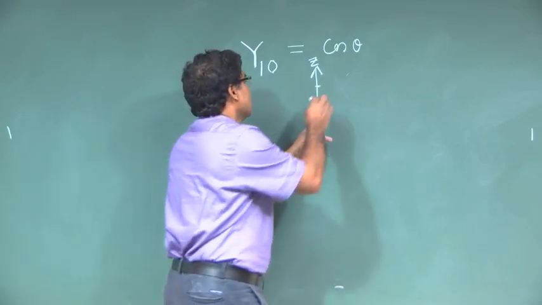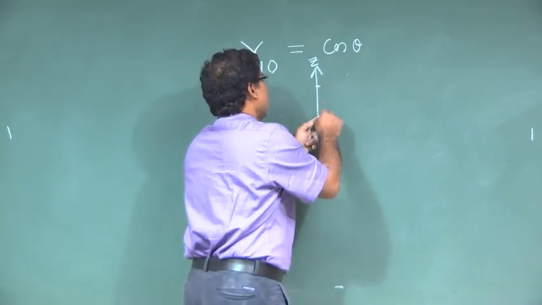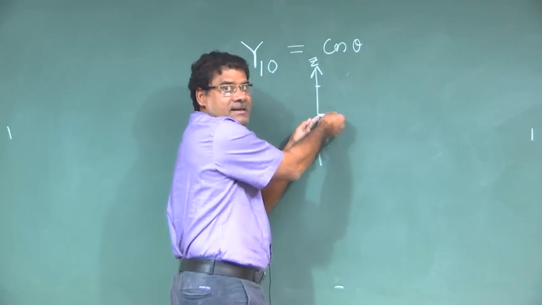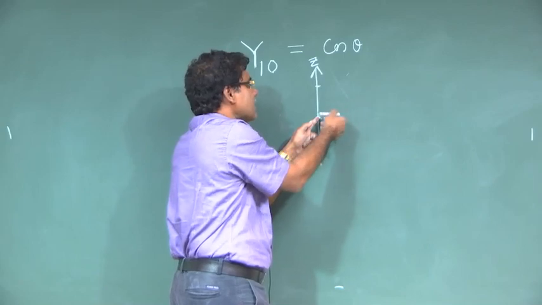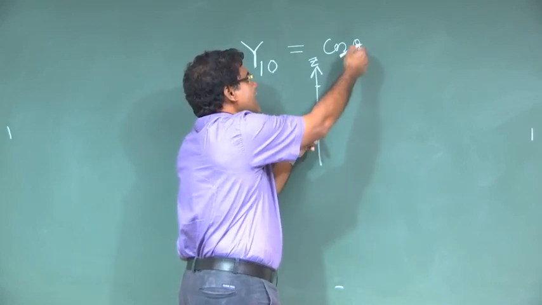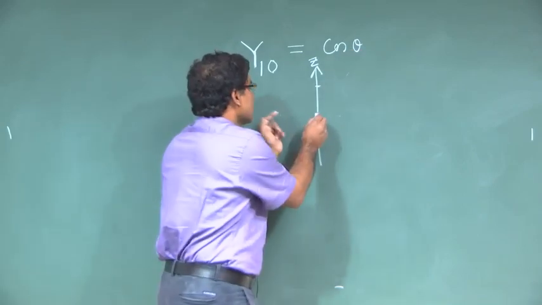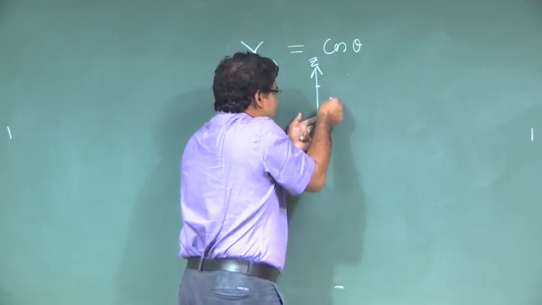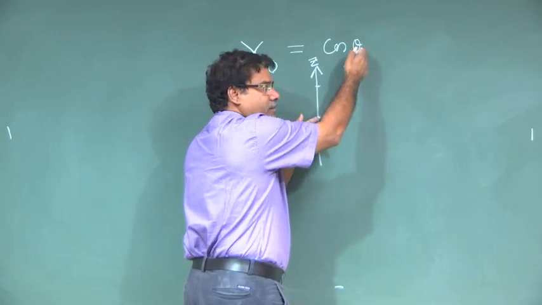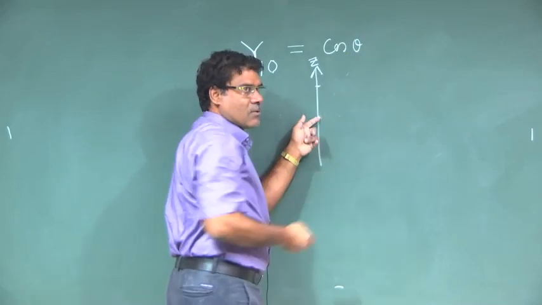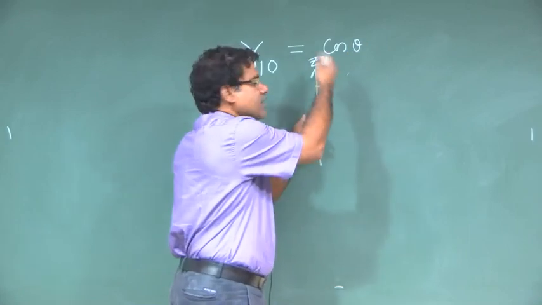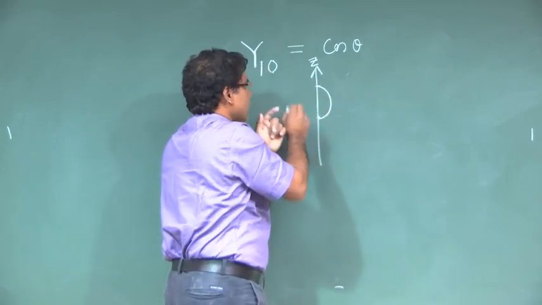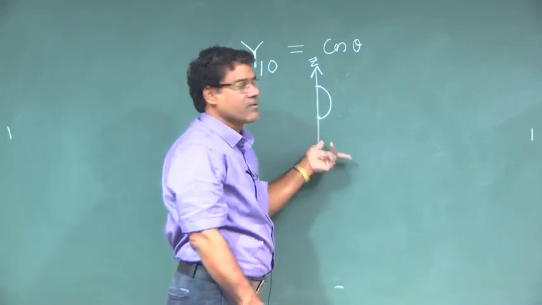When it is 90 degrees, in this direction, the probability will be 0. At another direction, say 45 degrees, the value is 1 by root 2, so the square of it will be half. So from 0 to 90 degrees, it will vary like this.